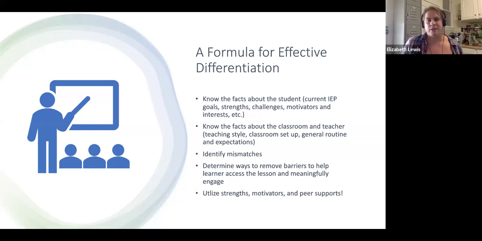There are lots of different ways you can approach differentiation, but when you break it down into tangible chunks, it's really about having a clear understanding of the facts about the student.